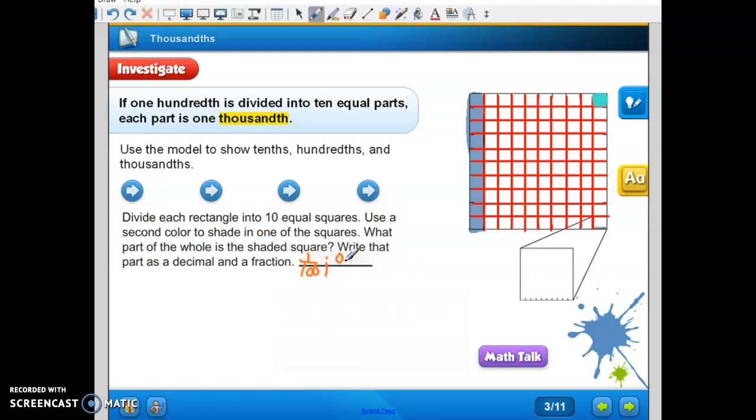What was the place just after the decimal to the right? It was the tenths place. And what's the next place? Hundredths. Be sure you say the THS on the end of that.